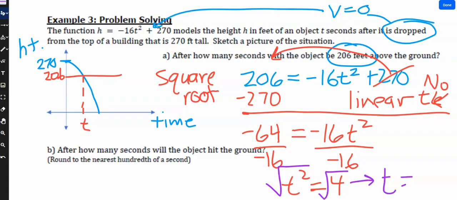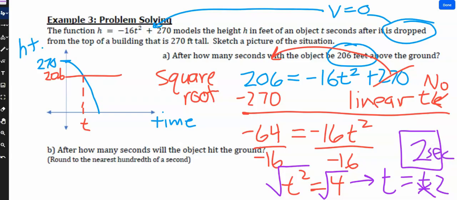And t is equal to plus and minus 2. Which one of those solutions makes sense? Hopefully, you know that it would not make any sense in the world to be negative 2, because that would be 2 seconds before the object was dropped. So, the reality is, we only want positive 2. The negative is not applicable in this situation. So 2 seconds was the answer to the first part A.